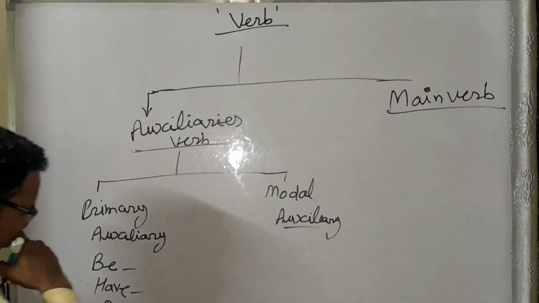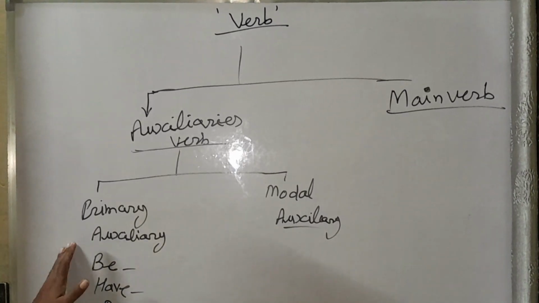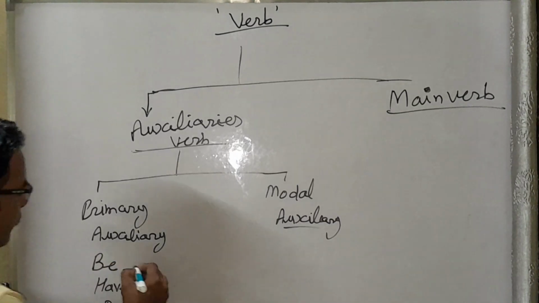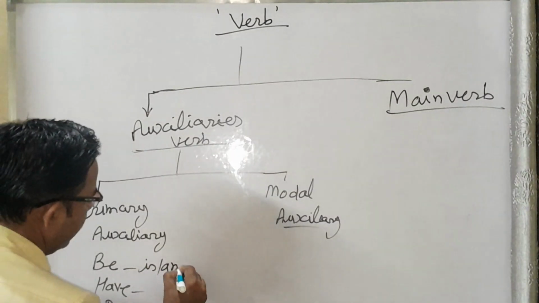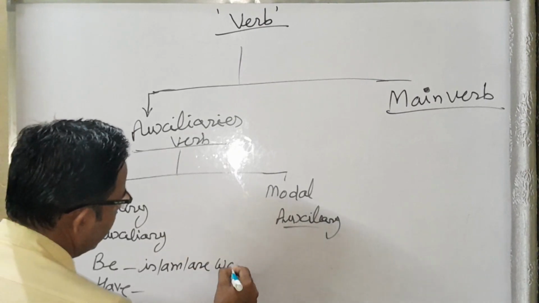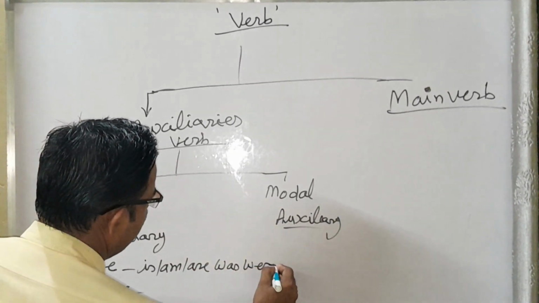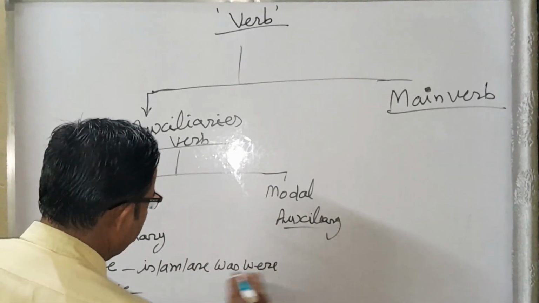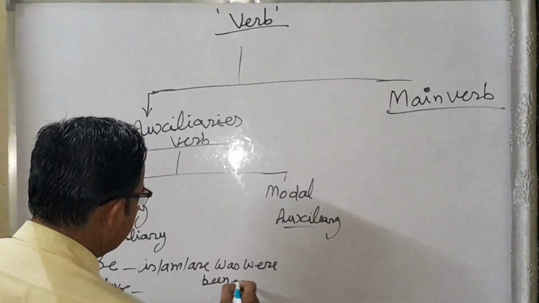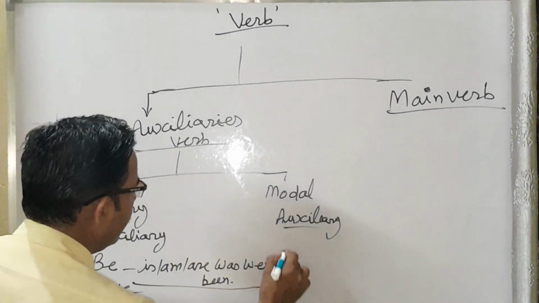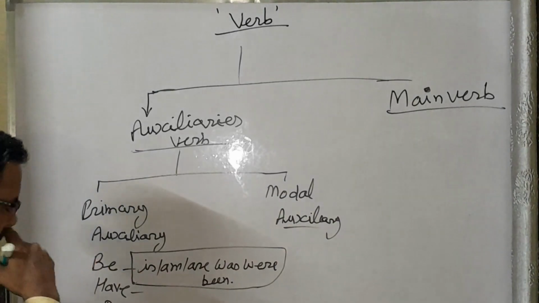Simply to learn, there are only three primary auxiliaries. Be means is, am, are, was, were, been. These all are forms of the be verb.